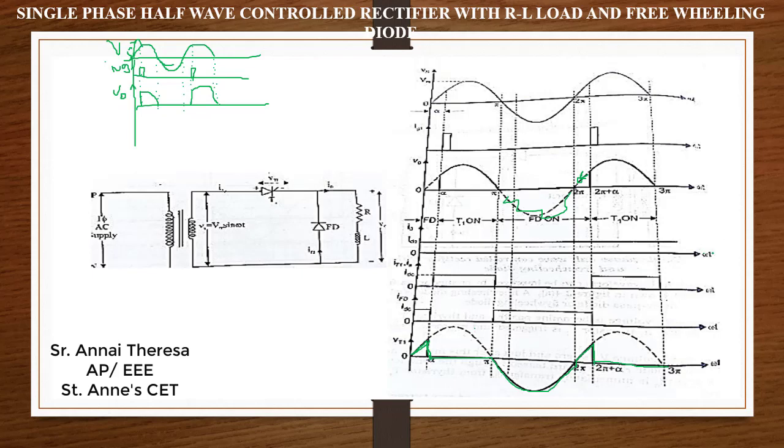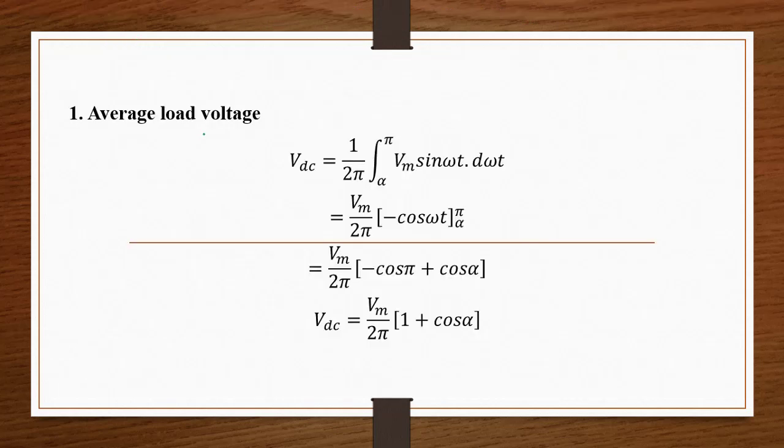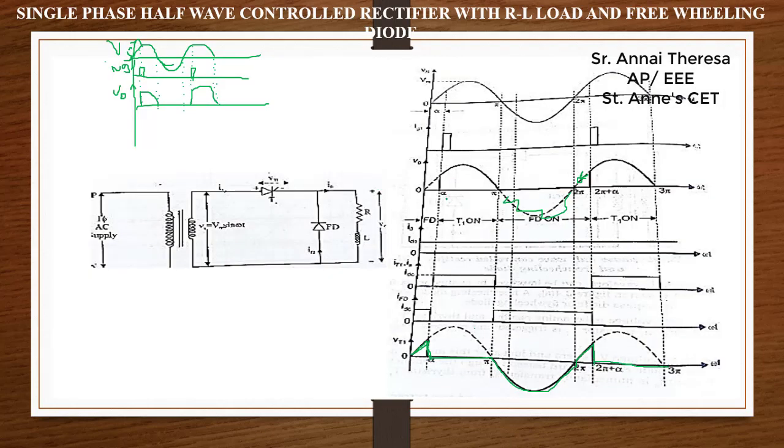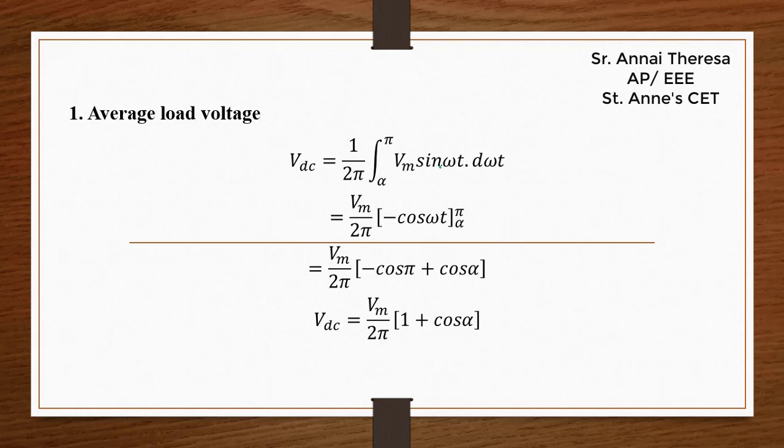So this is the working of the single phase half wave controlled rectifier with RL load and freewheeling diode. The average load voltage VDC is equal to 1/2π, integral from α to π of Vm sin ωt dωt. Bring Vm/2π out. The integral of sin ωt is minus cos ωt, with limits α to π.